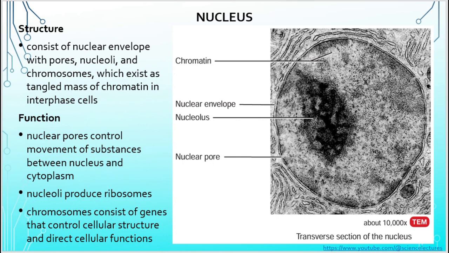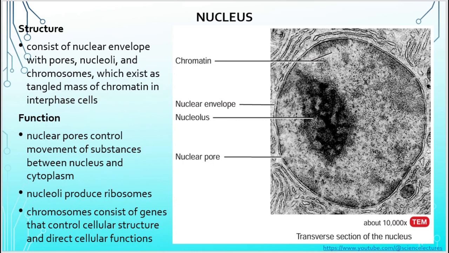Within the cell nucleus are most of the cell's hereditary units called genes, which control cellular structure and direct cellular activities. Genes are arranged along chromosomes. The human somatic cells, the body cells of human beings, have 46 chromosomes, with 23 inherited from each parent.